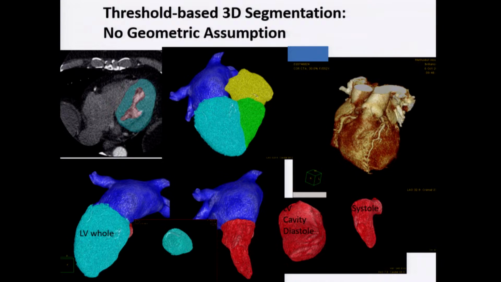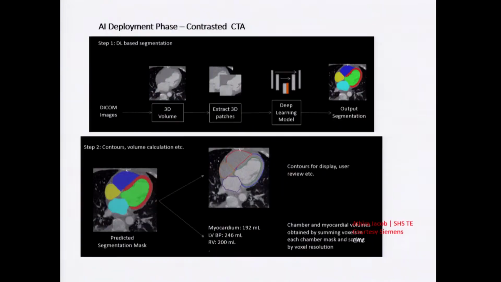If you know how many voxels are in end diastole and how many in systole, you can get the EF. The beauty is this is all completely automated. Basically, you set a threshold for what you think is blood in each cavity versus myocardium. You get the 3D method.